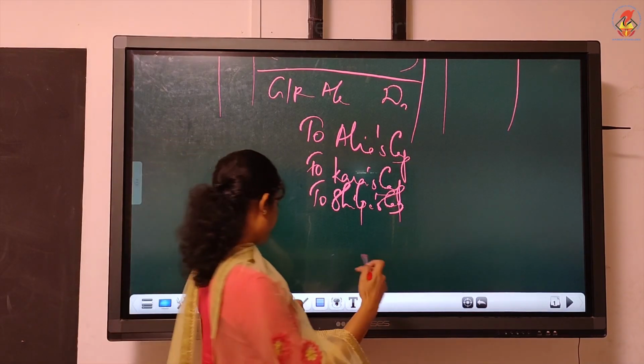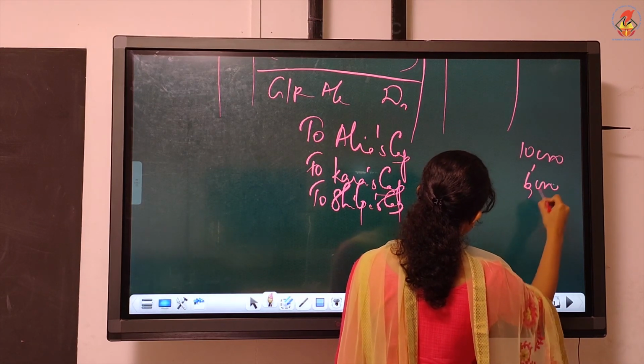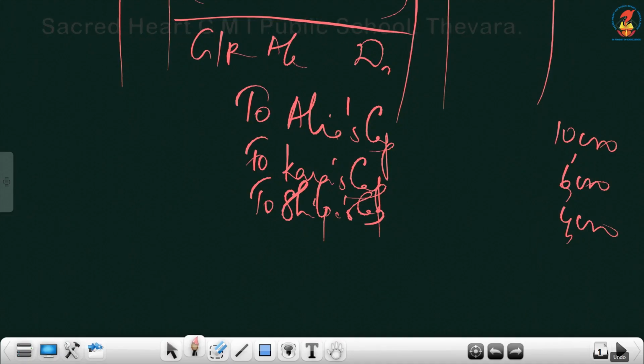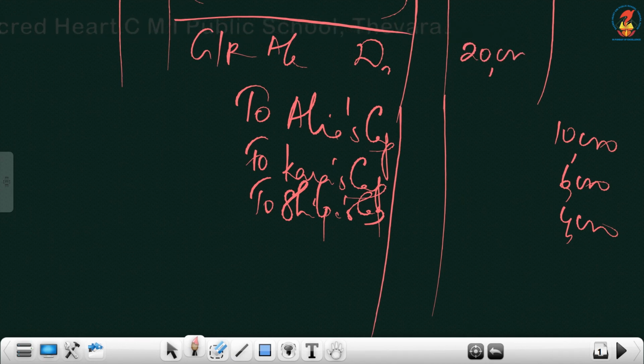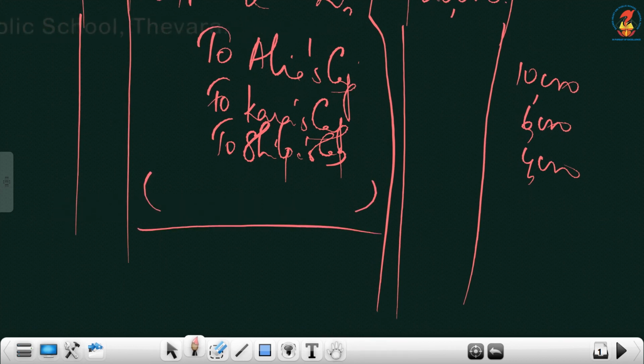So 10/6/4, that's the division. Divide it in the old ratio. 20,000. Write the narration: general reserve transferred to old partners' capital.